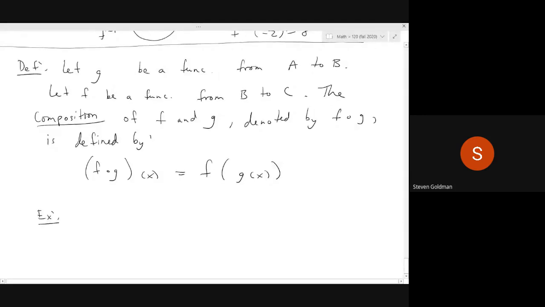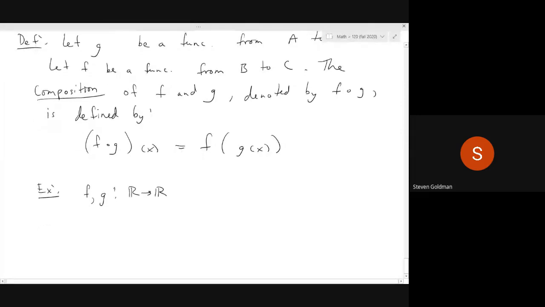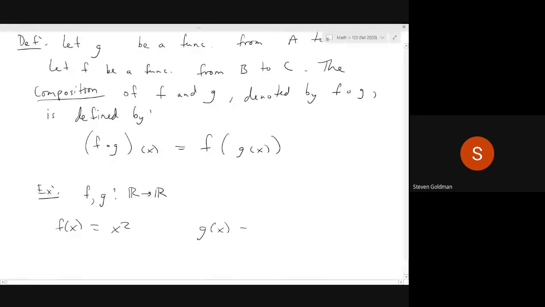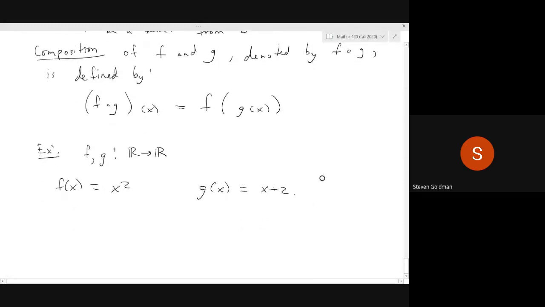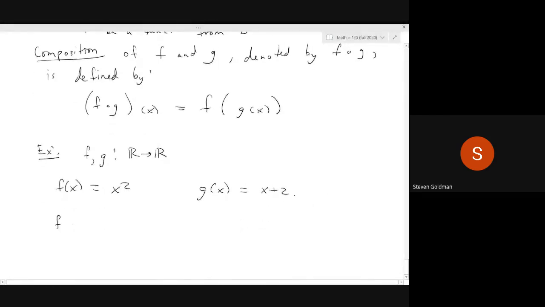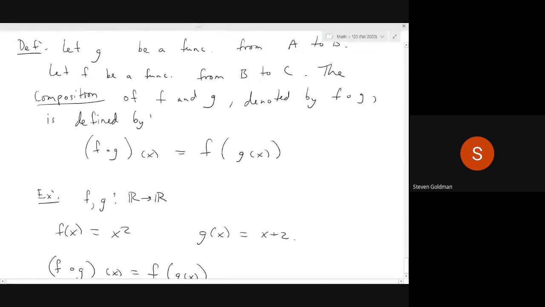Okay, so for example, let's say f and g are both functions from the set of real numbers to the set of real numbers. Let's say f of x equals x squared, and g of x equals x plus 2. Okay. f of g of x, their composition. Oh, let me keep the definition in view there for a minute. Okay.